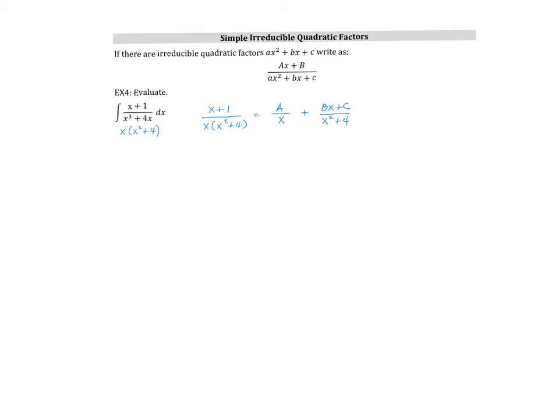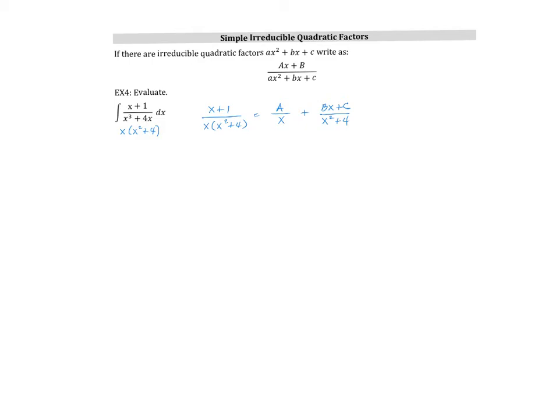Okay? Notice that if I were to combine those two fractions, I end up with the denominator I started with. I'm going to have a problem with this. If I use method 1, it'll probably take me just as long to use method 1 as it will to use method 2.